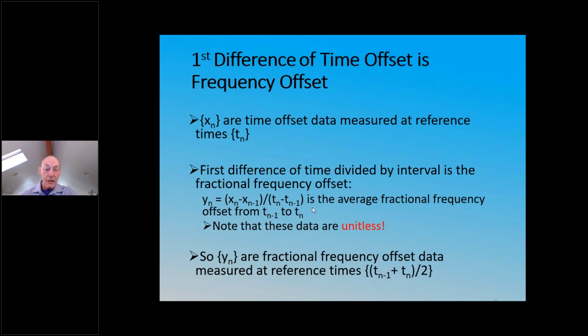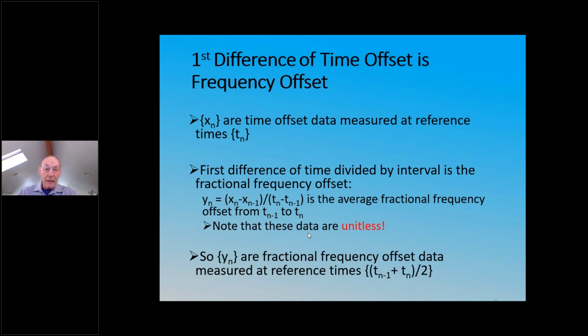And note that these data are unitless. We've got measurements in time, say nanoseconds, divided by time interval. And if the time interval is in nanoseconds and the data are in nanoseconds, the fractional frequency offset is unitless.